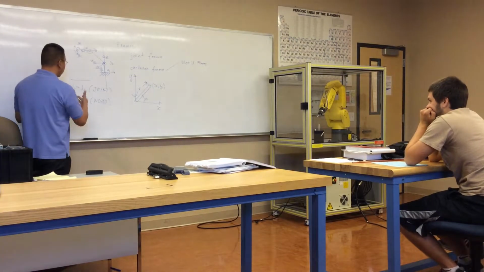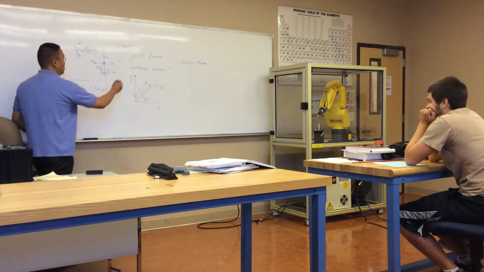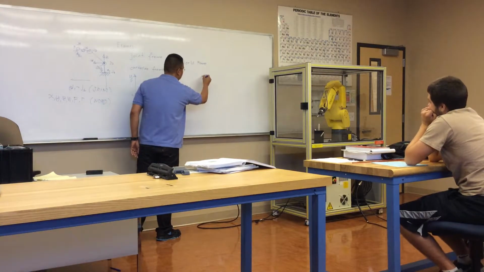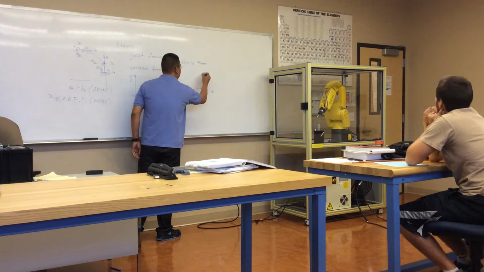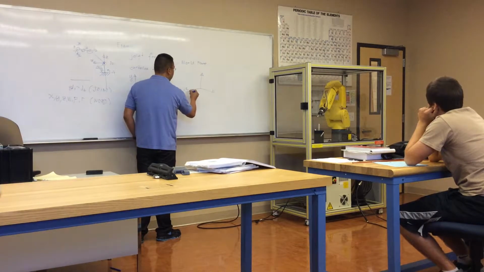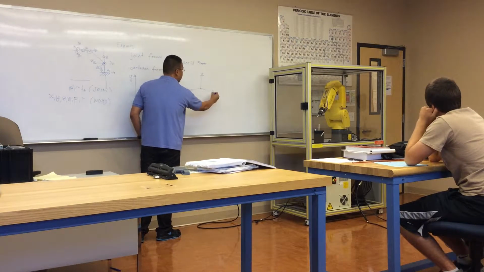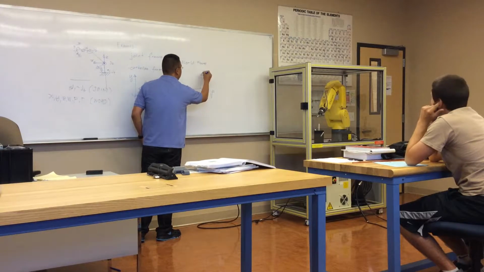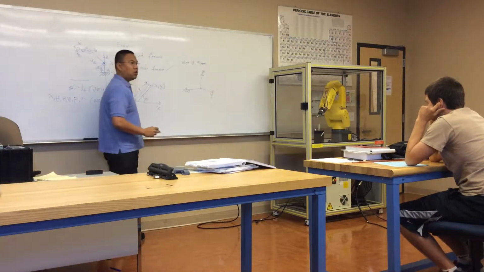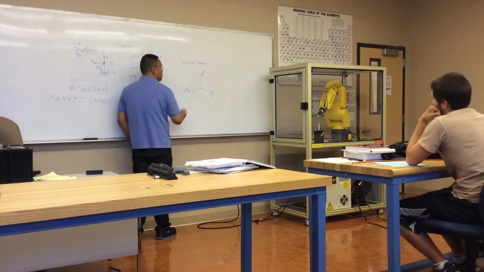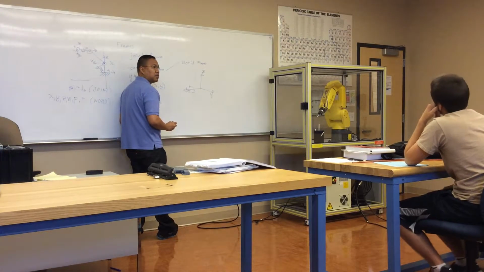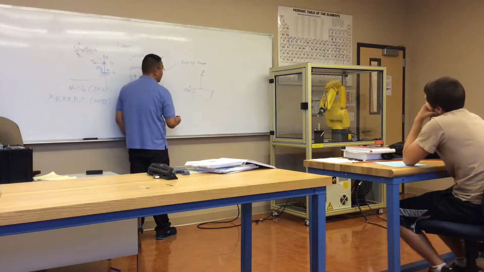So what is yaw, pitch, and roll? We go back here and we write our right hand frame. If this is X, this is Y, and that is Z, yaw is the rotation with respect to X. That is yaw.